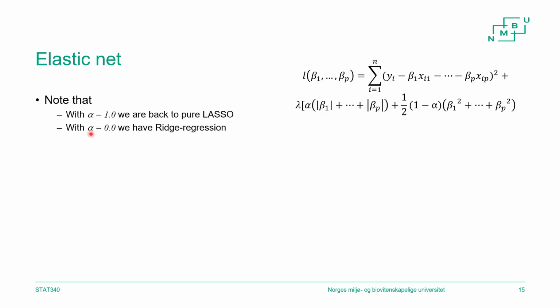However, if you do the complete opposite and set alpha to 0, then this term vanishes, right? The first order term vanishes, and then this one becomes 1. So you only have this square term, and this is actually called a ridge regression shrinkage. It has a name. So you can say that the elastic net is sort of a combination between a pure lasso method and a pure ridge regression method.